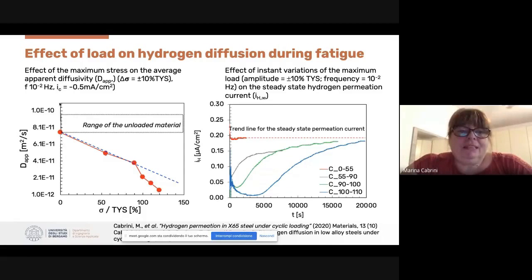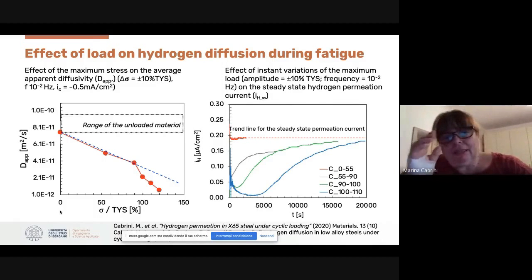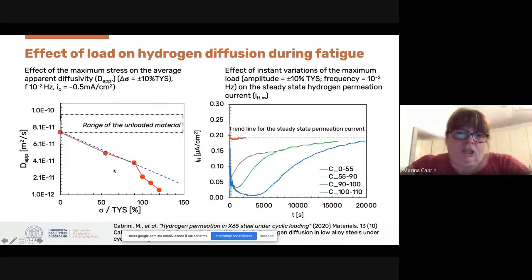And we can observe that there is always a decrease of the apparent hydrogen diffusion in the first instance. In this case, we start to cycle the specimen, and after we have cycled the specimen, we start to charge hydrogen in order to evaluate the apparent hydrogen diffusion coefficient.